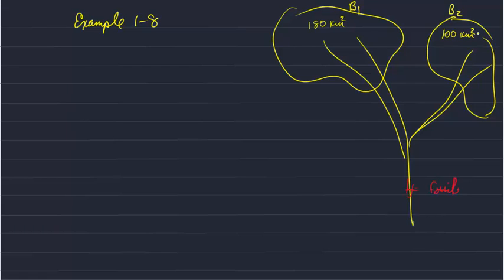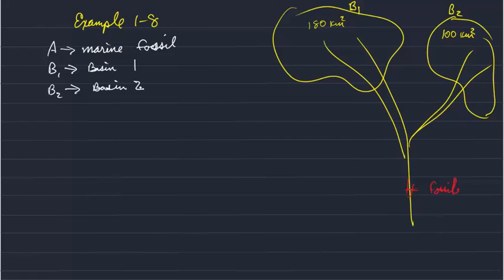But another slight complication is there's lots of different types of fossils in both areas, and only some of them are marine. So let's say A corresponds to the existence of a marine fossil. B1 corresponds to Basin 1. B2 corresponds to Basin 2.